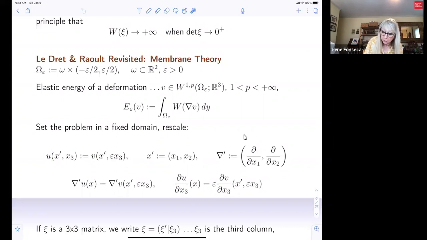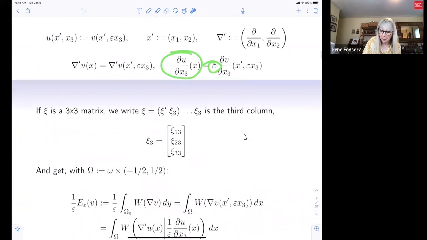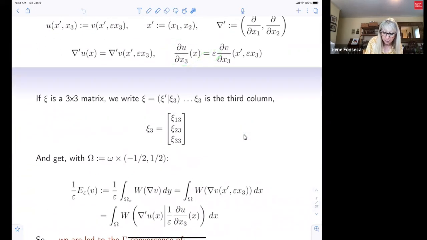So this derivative now has an epsilon in there. As I said, I scaled by epsilon, and when I change variables, this epsilon goes away with the Jacobian. Now you get something that looks more like order 1, but then this gradient is exactly the gradient of my new function u, except I have a price to pay, which is this 1 over epsilon. That's just change of variables.